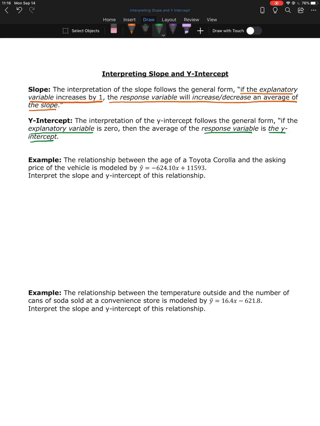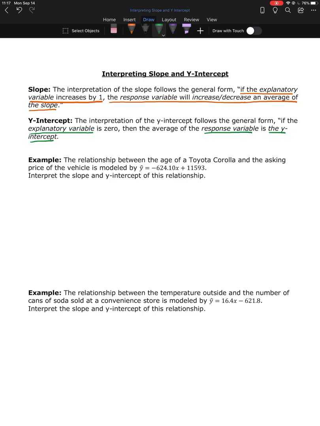So let's look at an example. I found that the relationship between the age of a Toyota Corolla and how much people are asking for the price to sell the vehicle is modeled by y hat equals negative 624.1x plus 11,593.